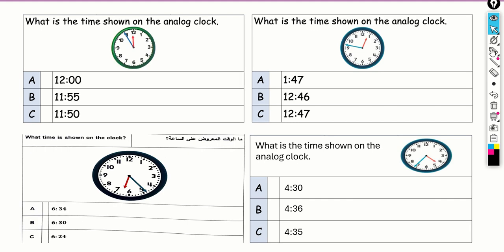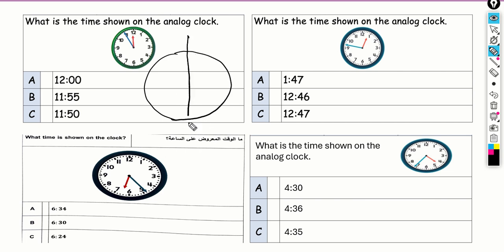Okay, now let's talk about time. Remember, on an analog clock, I told you that each interval is 5 minutes. This is 1 to 2, 5 minutes, 5 minutes, 5 minutes, like this. So this whole analog clock is divided into 5 minute intervals.